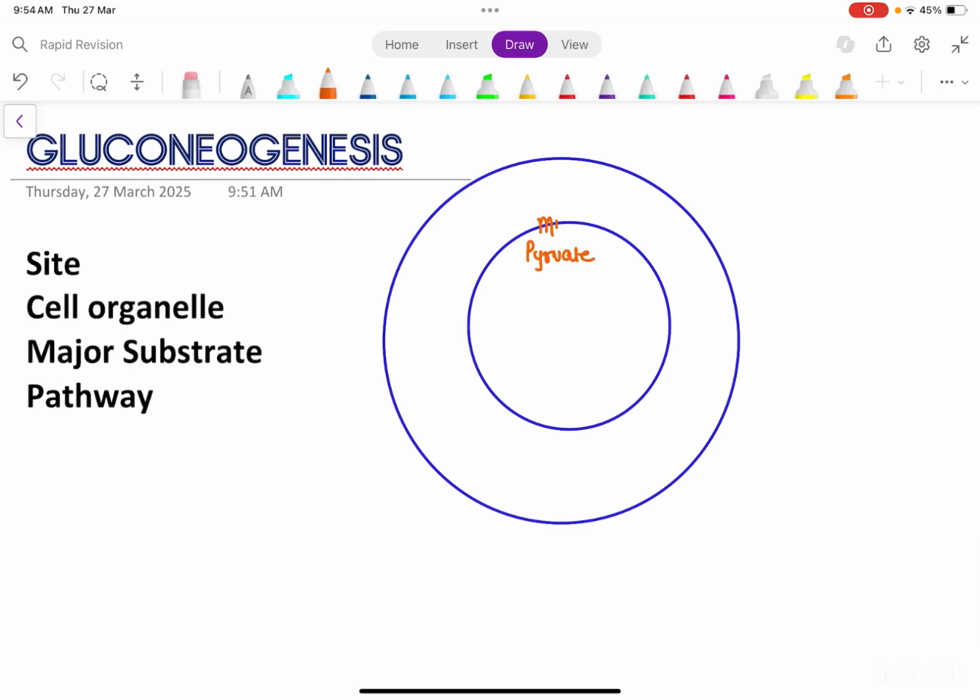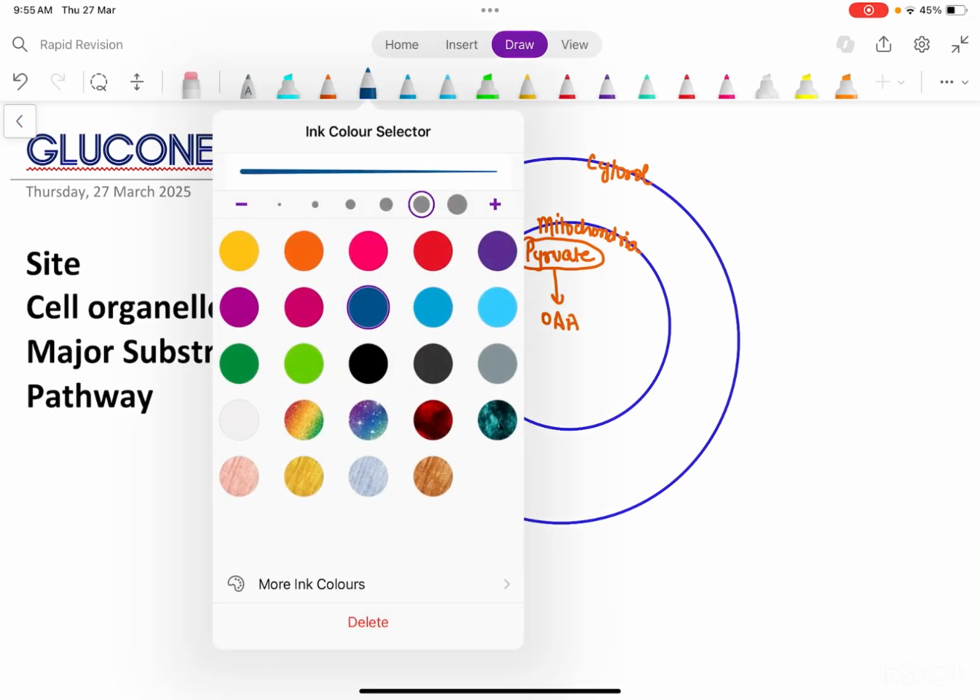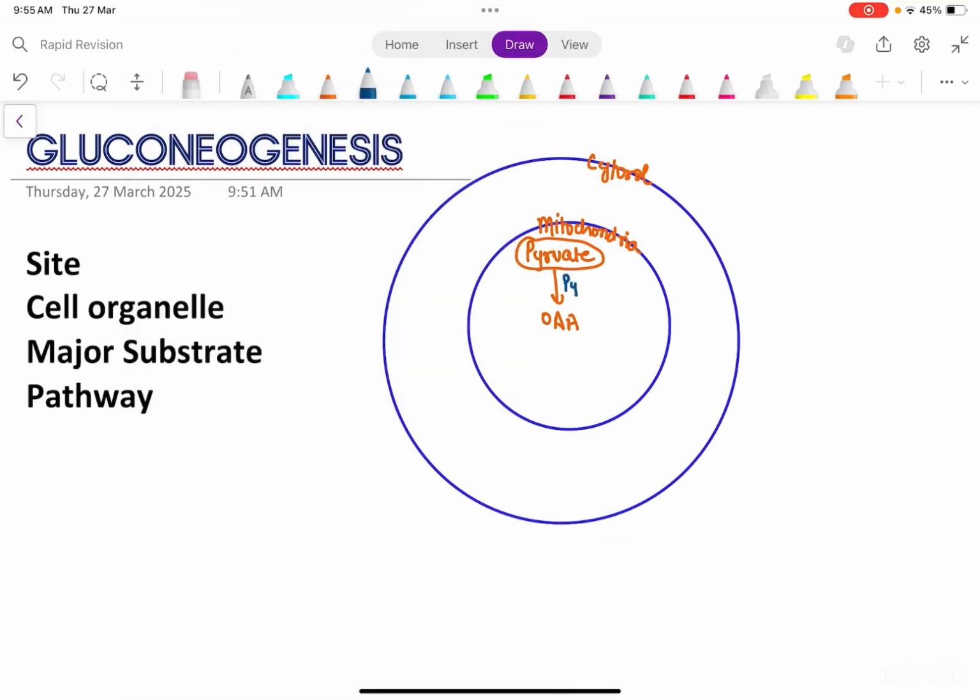So this is mitochondria and this is cytosol. Alright, now what happens is in mitochondria we have pyruvate. Now pyruvate cannot exit mitochondria as such, so we convert the pyruvate into oxaloacetate by an enzyme which is pyruvate carboxylase.